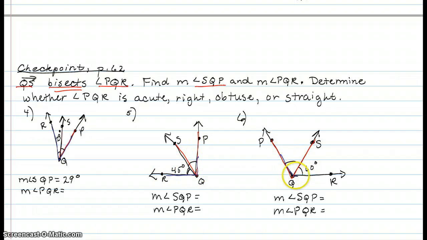Well, you could add them together very easily. I could go 29 and 29 degrees, but I could also just double it. So 29 degrees times 2. Well, we know 30 times 2 is 60, so just subtract 2 off of that. That's going to give you 58 degrees.